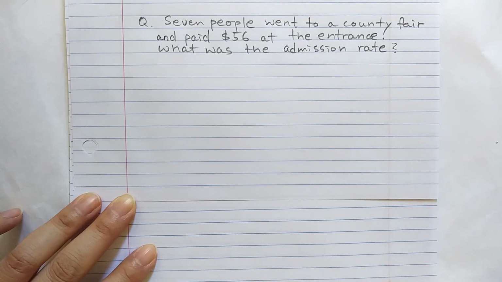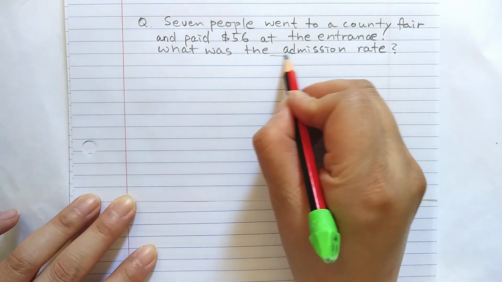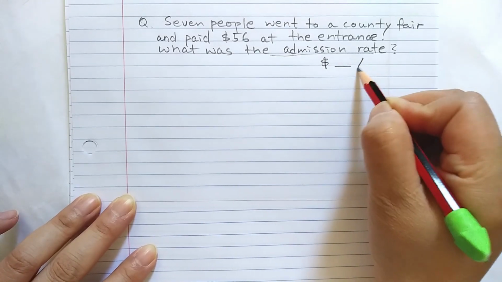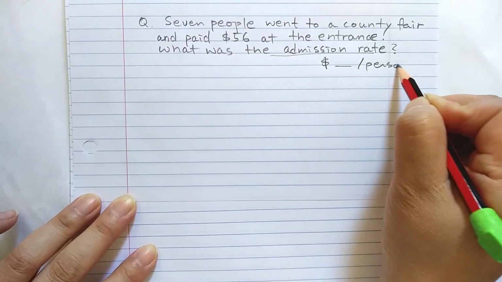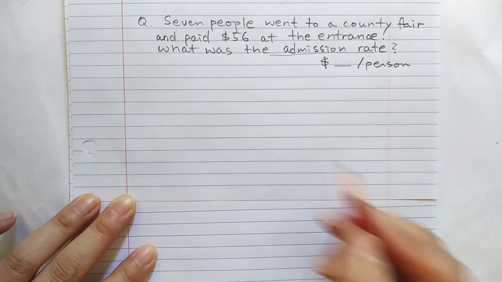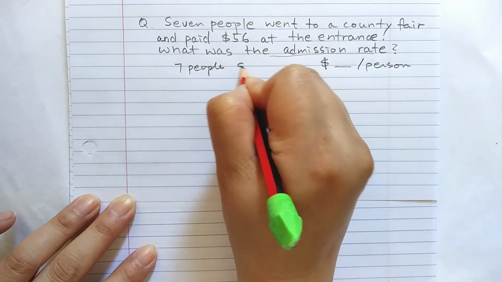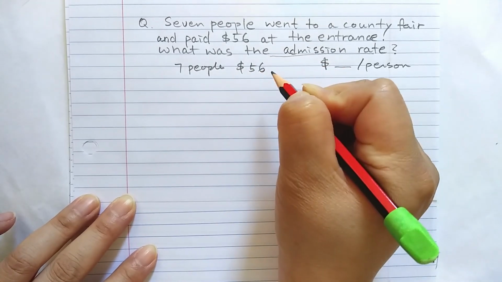7 people went to a county fair and paid $56 at the entrance. What was the admission rate? The admission rate means how much was it for each person. 7 people paid $56.